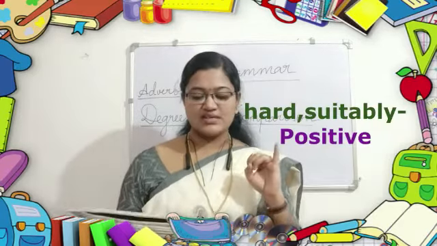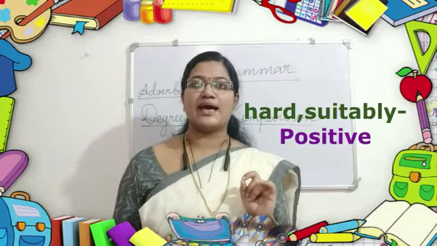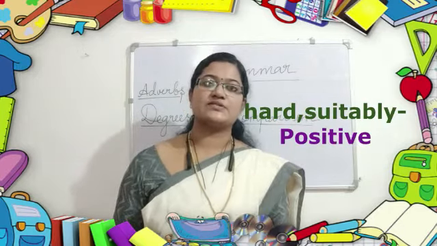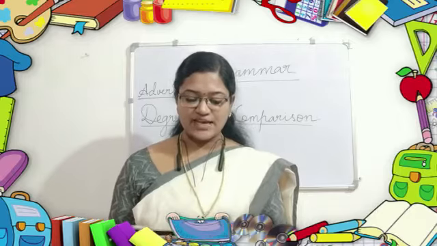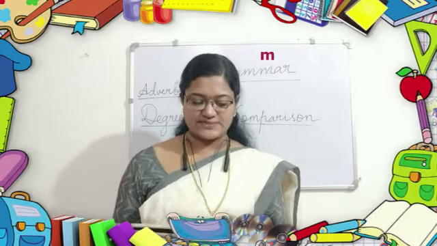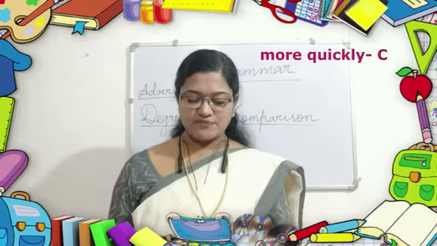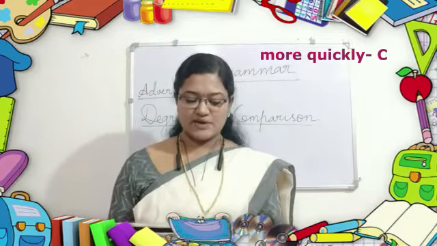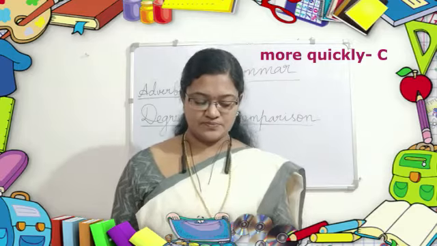Next one, suitably. Very good. Underline both and write which degree is it? Positive degree. 10th one, Tom finished the work more quickly than we had expected. The word than is there, so it is easy. Which is the adverb? Quickly is the adverb. Underline and write comparative, C.